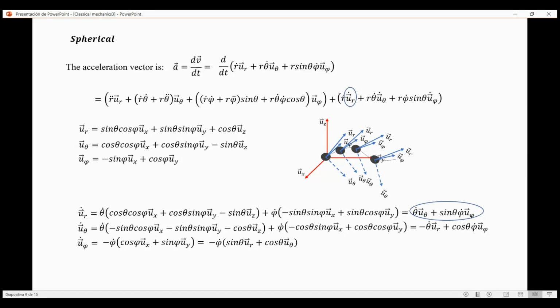Just being careful. If needed, you just develop this product here, and you see that it is exactly this, cosine of phi ux plus sine of phi uy. So finally, all we have to do is just substitute in terms of the spherical unitary vectors the derivatives of the unitary vectors.